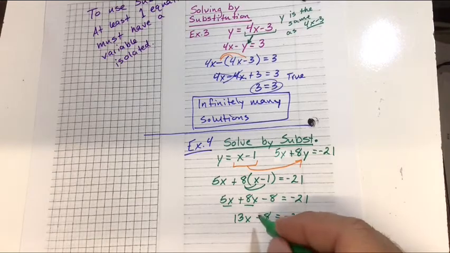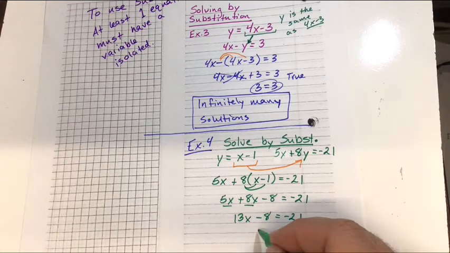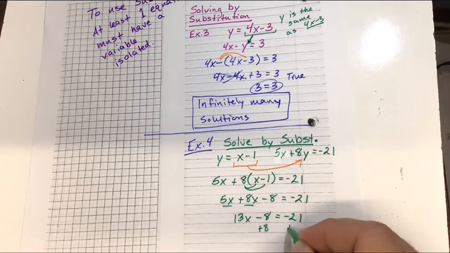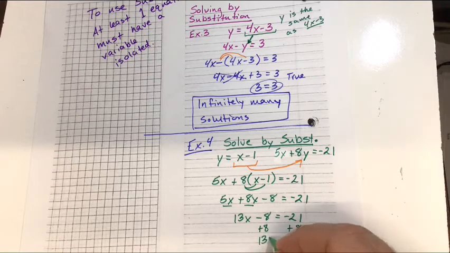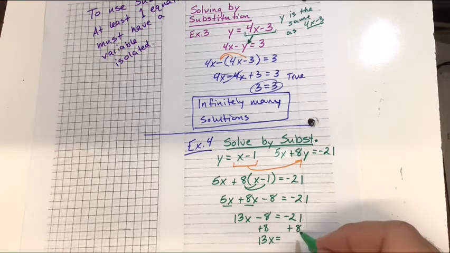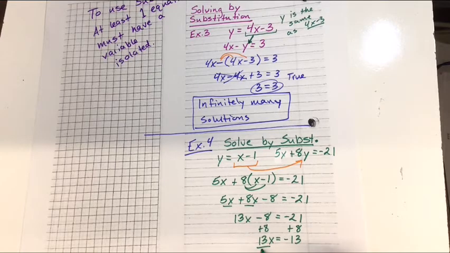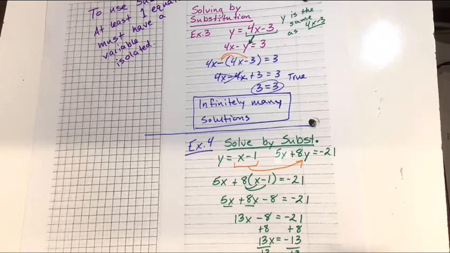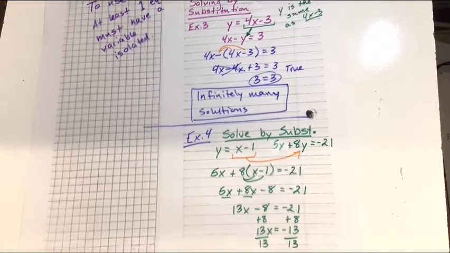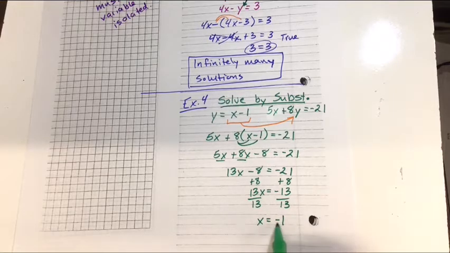And then if I solve this for x, I'm going to add 8 to both sides. So 13x equals negative 21 plus 8 is negative 13. So then just divide both sides by 13 to finish solving for x. Negative 13 divided by 13 is negative 1. So all of that work gives us an x value of negative 1.